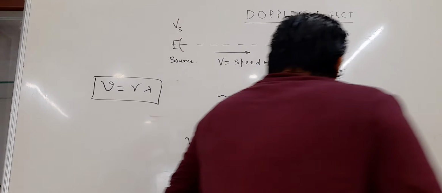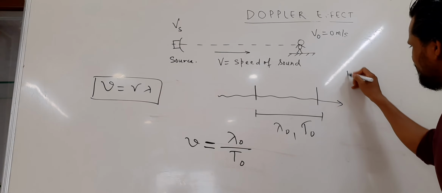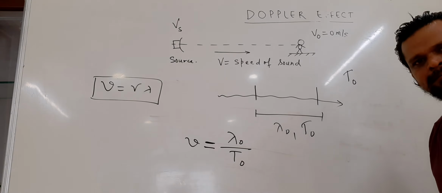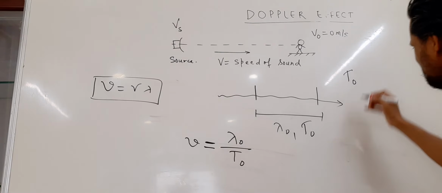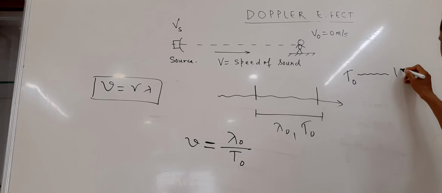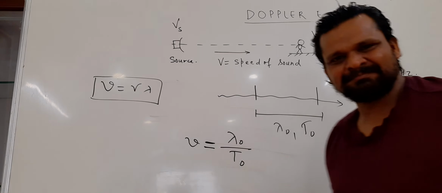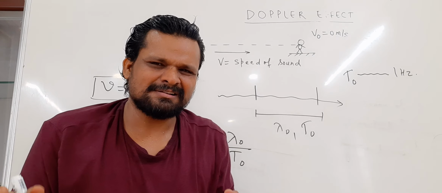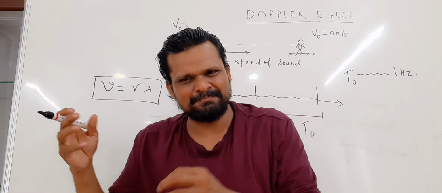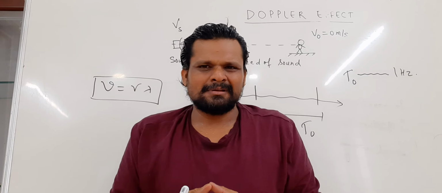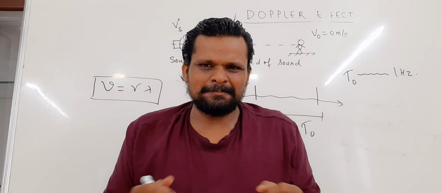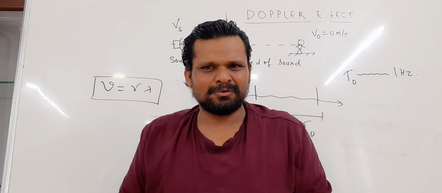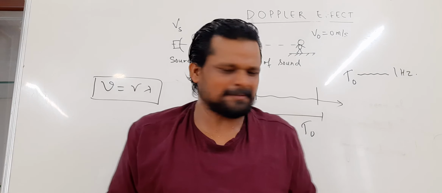In one time period, how many oscillations of the diaphragm of the source that emits the frequency?